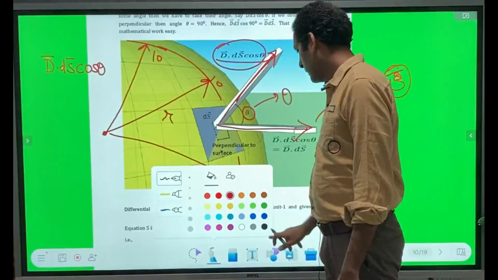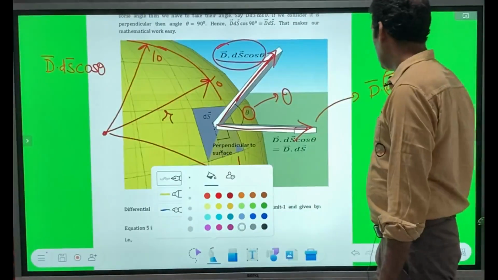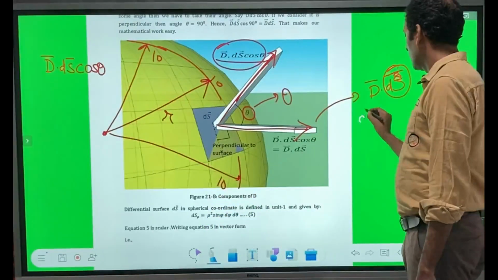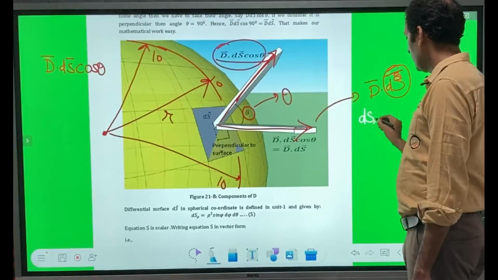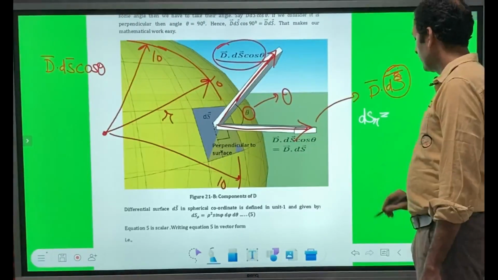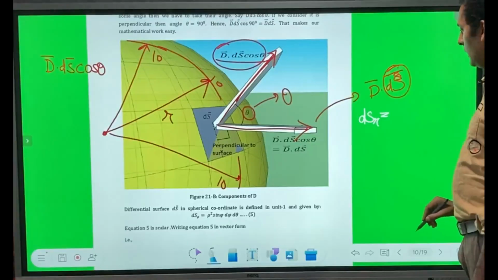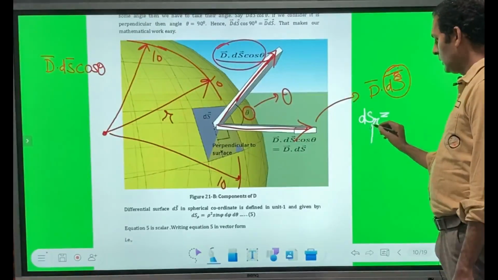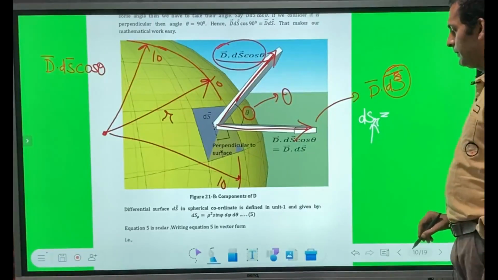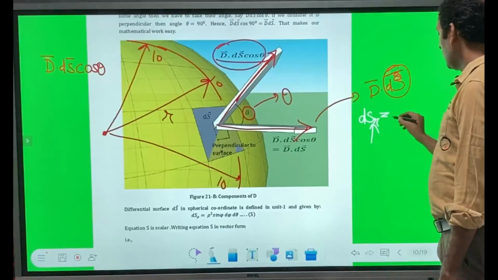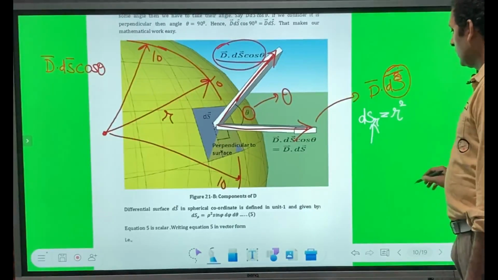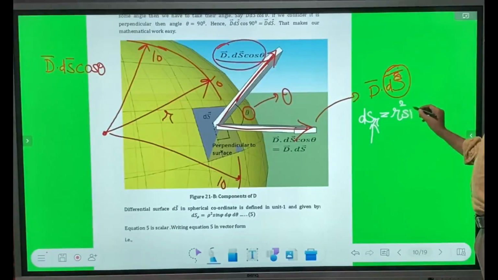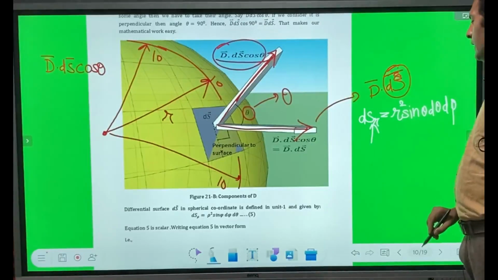So in the coordinate system we have seen all the differential surface formulas. If you remember, these are where r is constant, the radius constant surface. So it is given by r square sine theta d theta d phi.